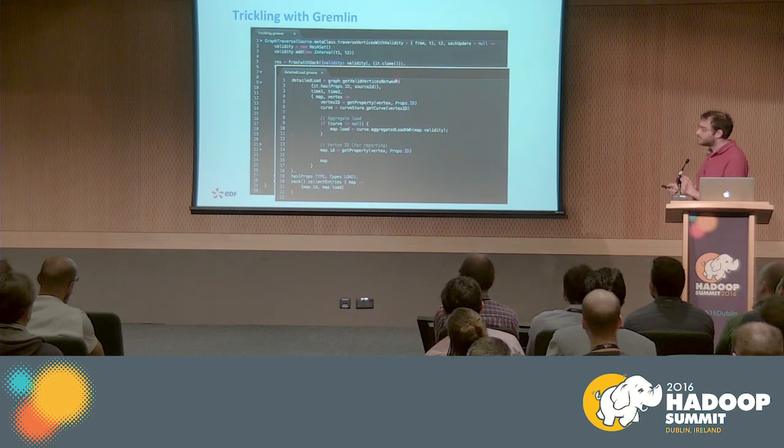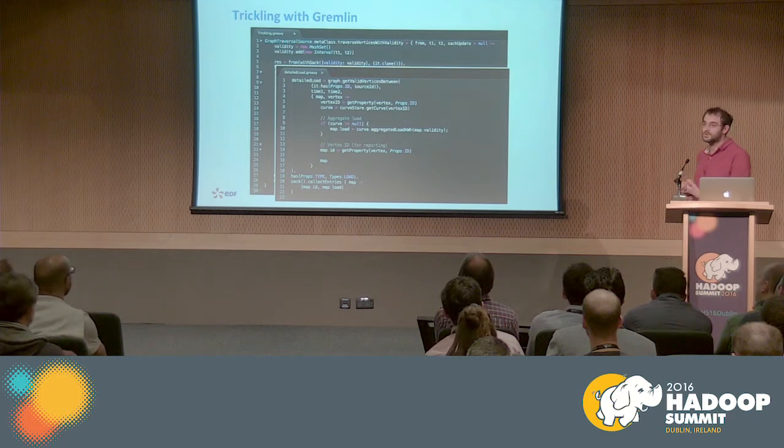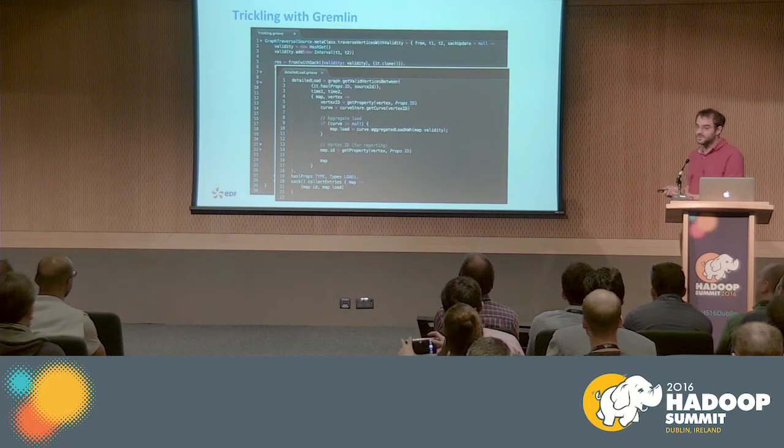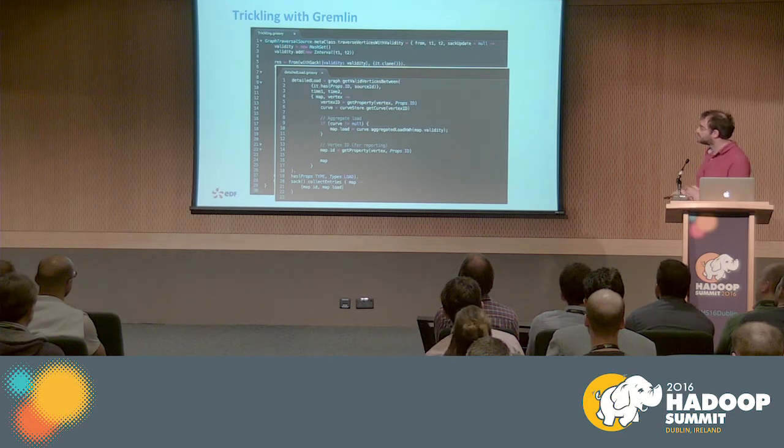We simply call the function which is the core of the trickling algorithm, and we apply it with a particular computation, which is comparing them with the load curves. So again, 20 lines of Groovy code. So for a total of 50 lines of Groovy code, we have our use case, which is not so bad.